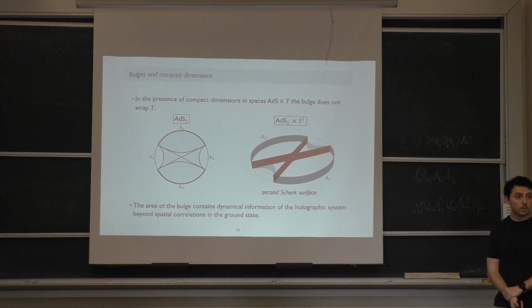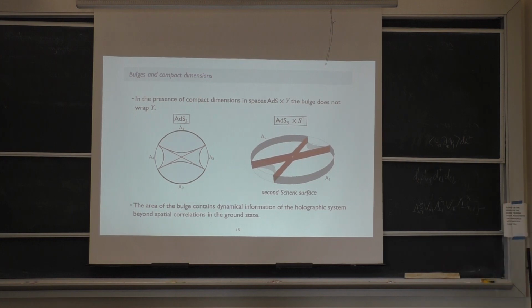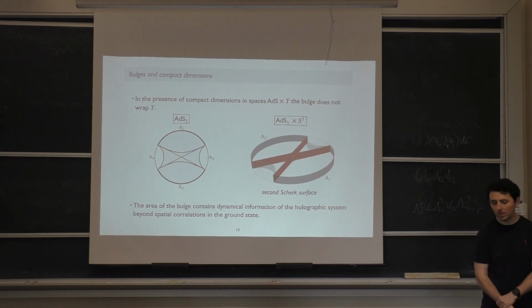This thing spontaneously breaks the symmetry of the S1, right? So it's really a degenerate set of surfaces that can move the bulge around the S1. I don't think so, but yeah, we didn't check.